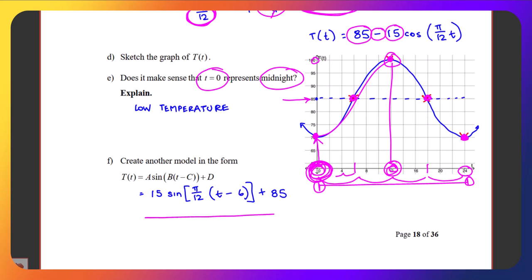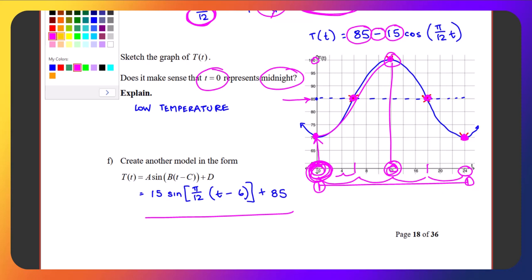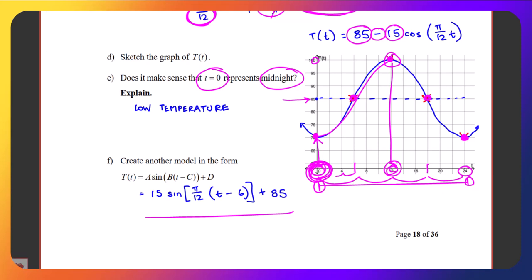Now they want us to do sine. Well, to do sine, you have to visualize where sine is. Wouldn't sine start here, in the middle, go up, down, and back up again? Well, a lot of it is the same for sine. But if I start here, it's normal. It goes up, down, and back up again. So the amplitude of 15 is going to be positive.